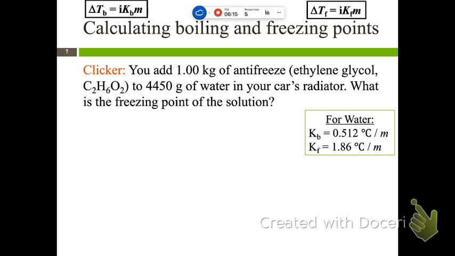So, converting kilograms into moles. The milliliters out.